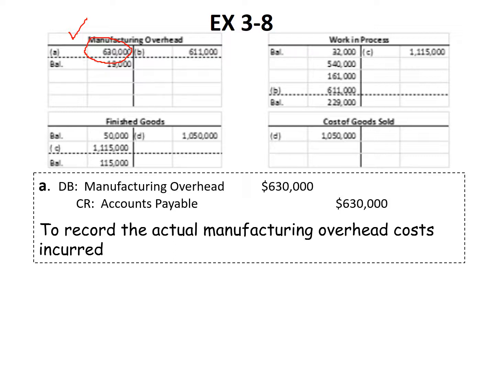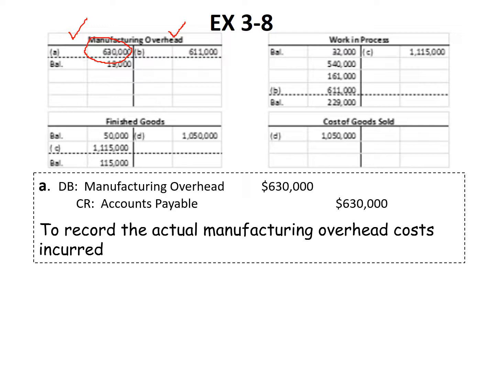On the credit side, on the other hand, that represents the overhead costs that are being applied utilizing the predetermined overhead rate. So now let's take a look at entry B.